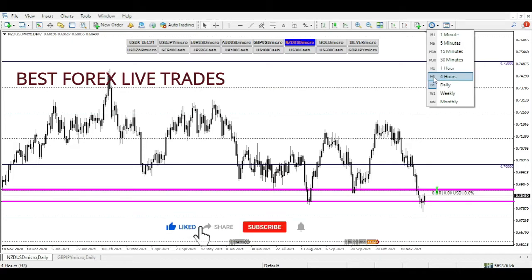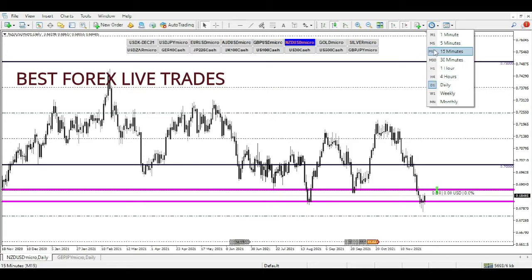Make sure they are aligned with at least your H4 and your daily time frame. If you're going with the direction of the daily and the 4-hourly, most of the time, yes, you might have some drawdown. But if your risk management is okay, you can manage that drawdown and you still continue going in the same direction.